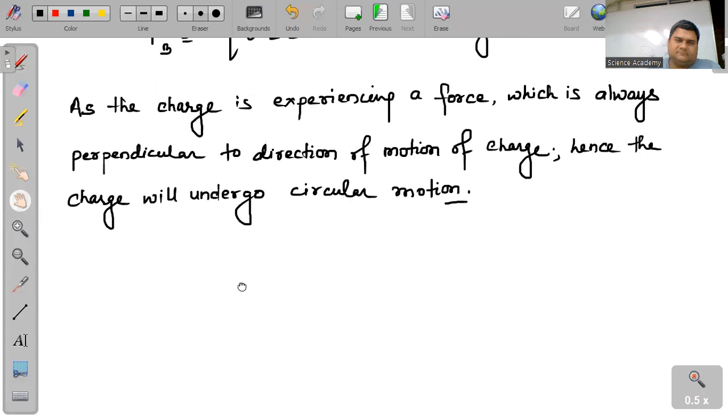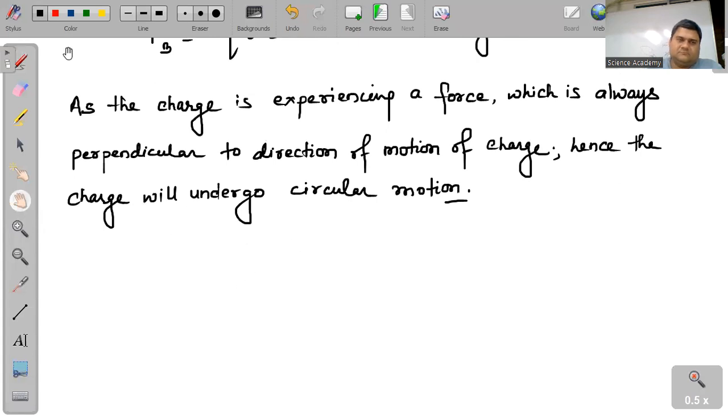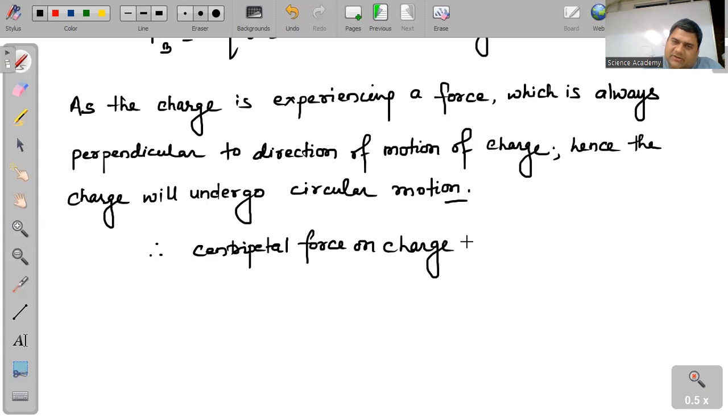Okay? And in circular motion, the centripetal force will be equal to... Therefore, centripetal force on charge is equal to magnetic force on charge.